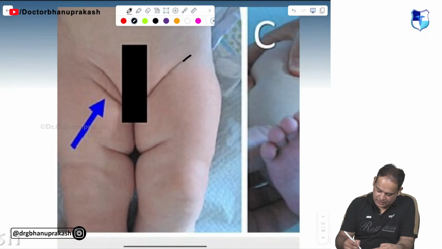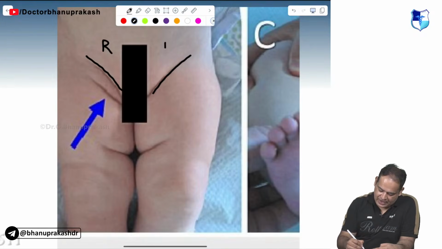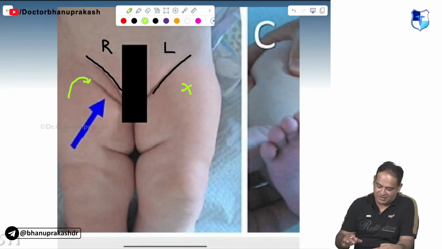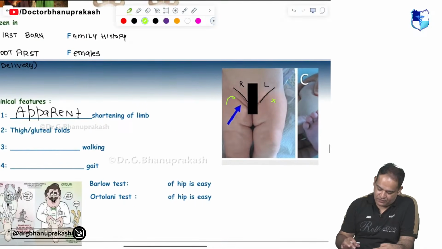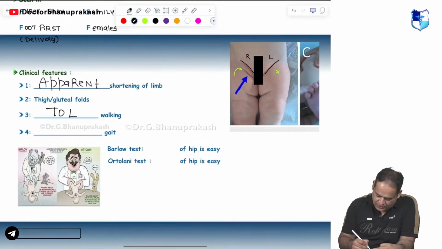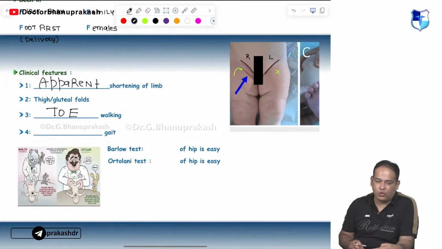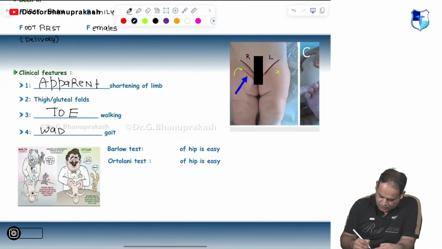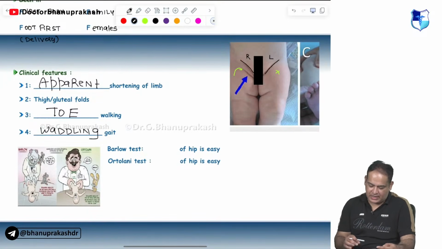You see here, right and left side, the folds are different. For example, this fold is not present on the other side. So asymmetrical thigh folds, right? Child will walk on her toes. Toe walking. Paddling gait. Paddling means like a duck.